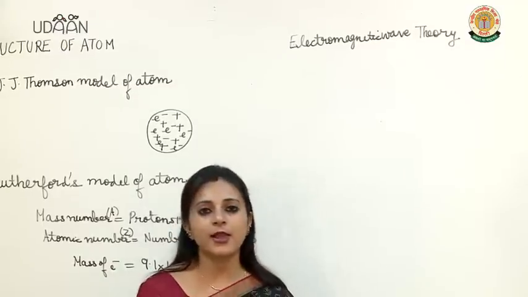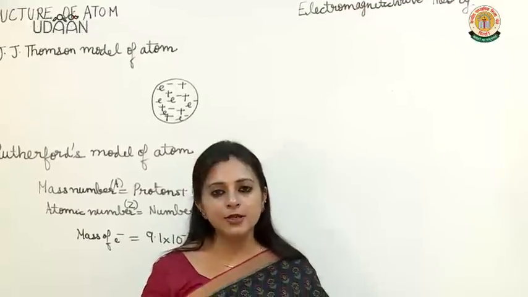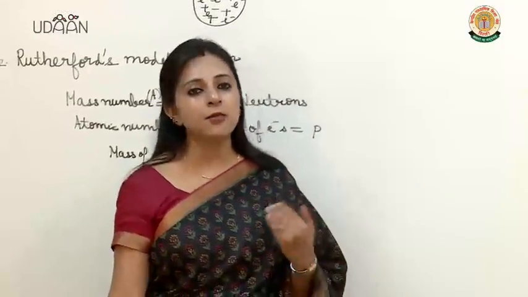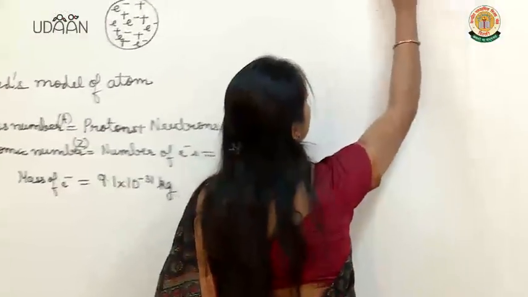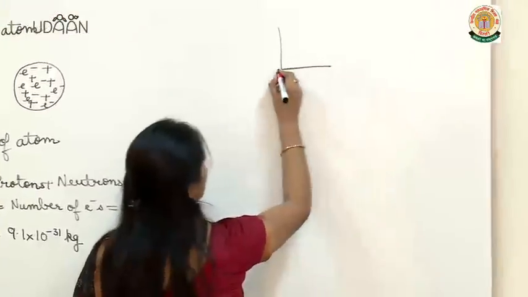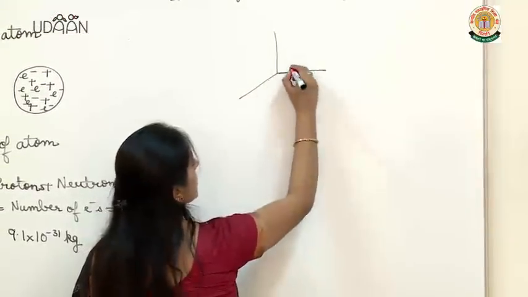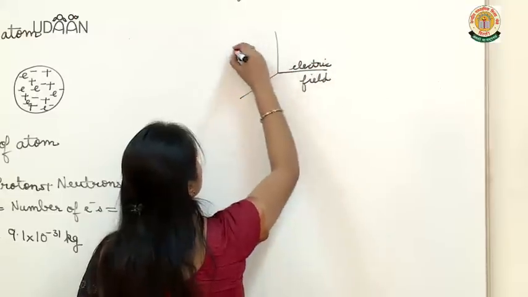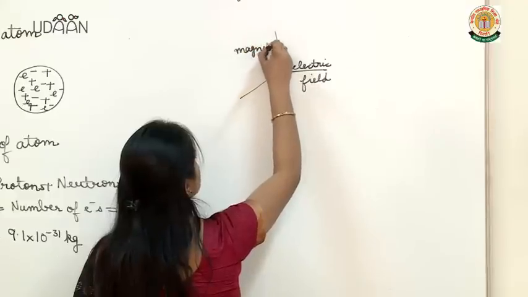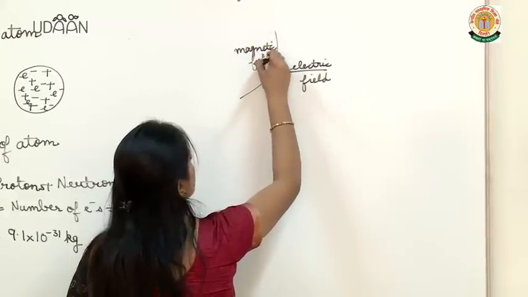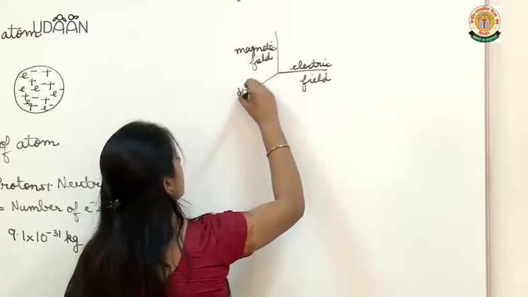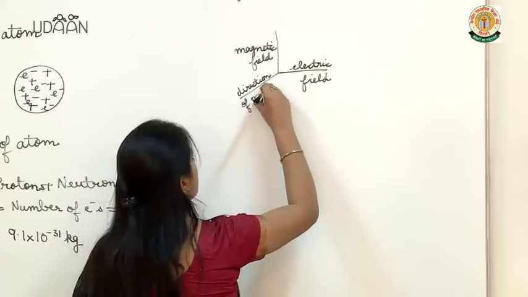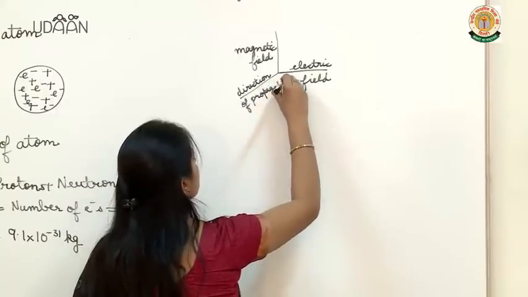Then it says that these radiations have electric field and magnetic field components, and these components are perpendicular to each other, and both of these are perpendicular to the direction of propagation of light.